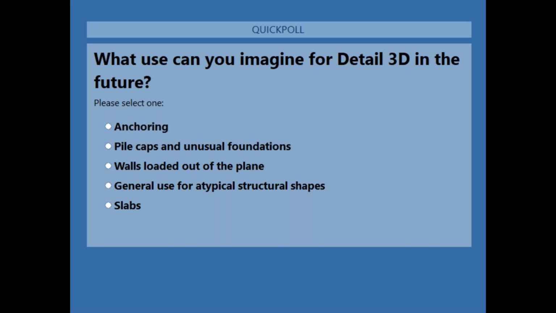Would it be the best for anchoring, for example, at the edge of the concrete block, or would it be the best for pile caps, walls loaded out of plane, or some general use for atypical structure shapes like, I don't know, box girder bridges and stuff like that? So we have about 50% of the votes. So I will wait for, let's say, 15 seconds, and then present the results.